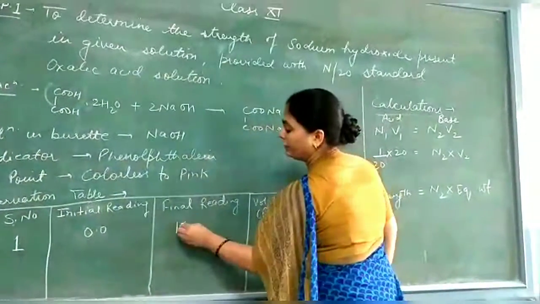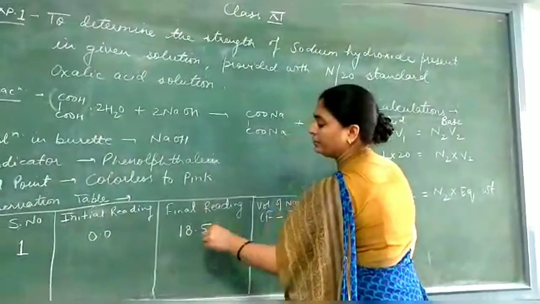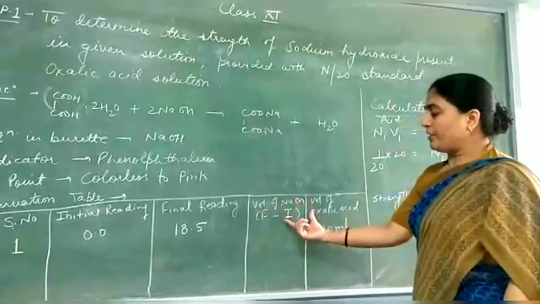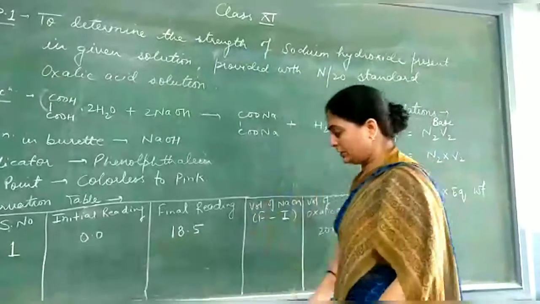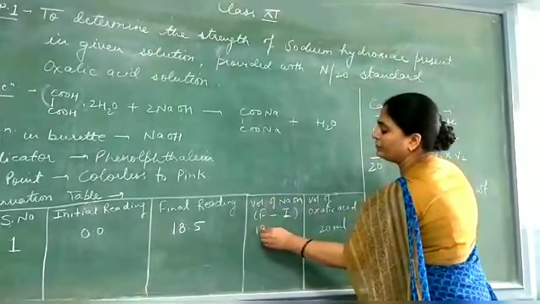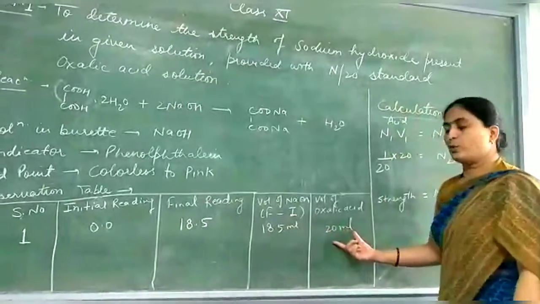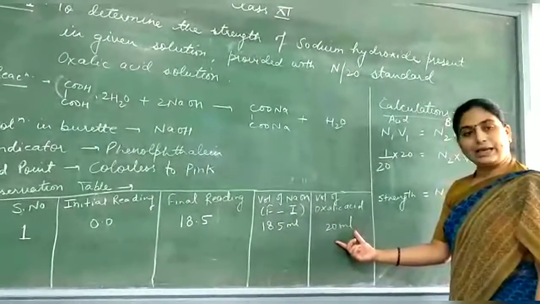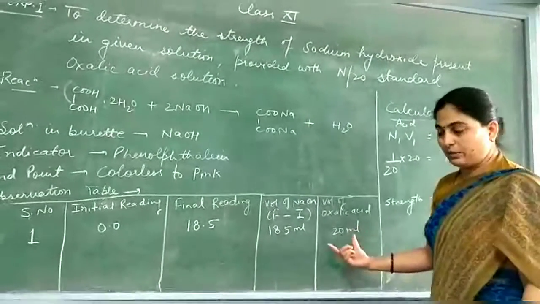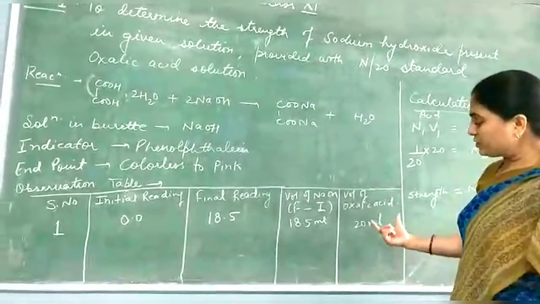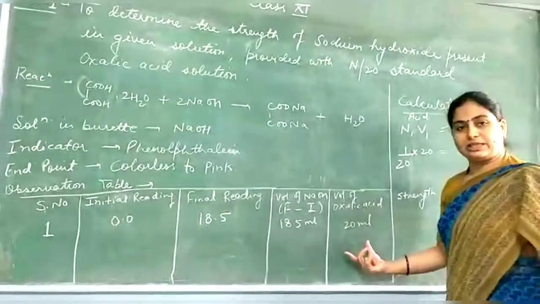So 18.5 ml will be the final reading. So the volume of NaOH is final minus initial, that means 18.5 ml will be the volume of NaOH that reacted with 20 ml of oxalic acid. Why 20 ml? Because we have pipetted out a fixed volume that always remains the same.